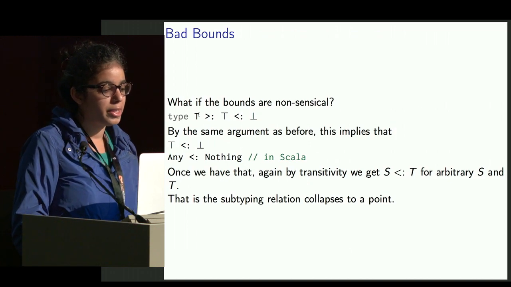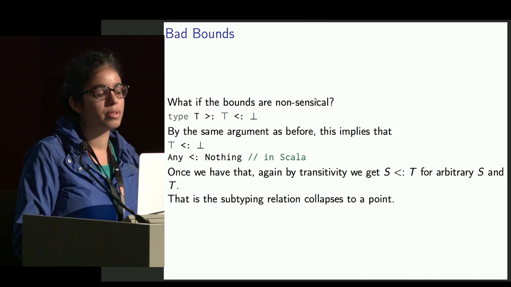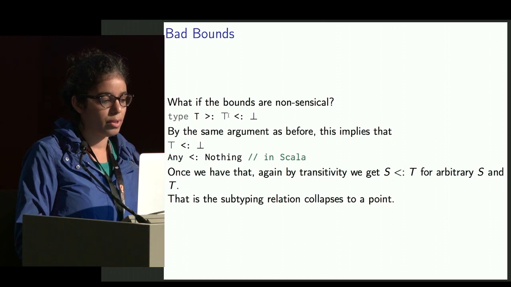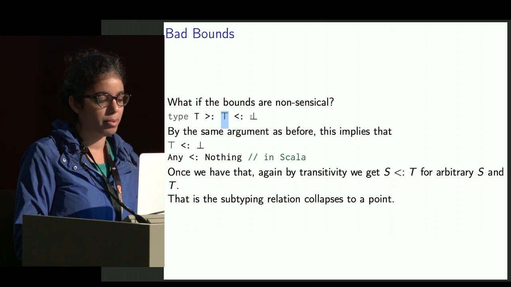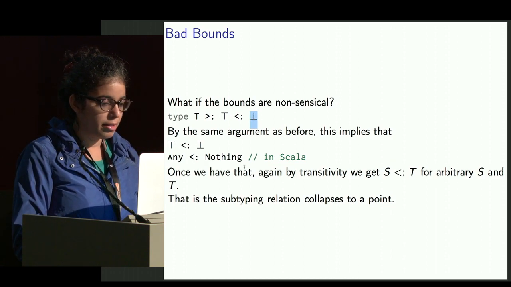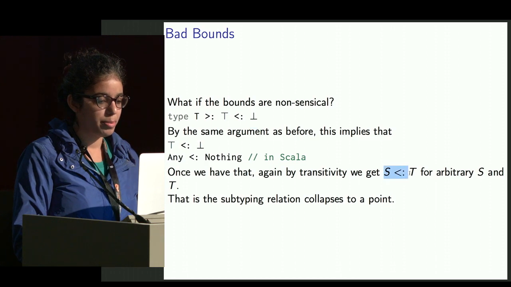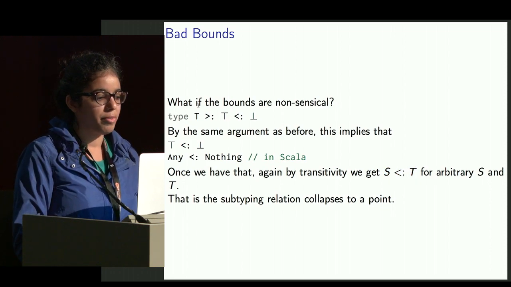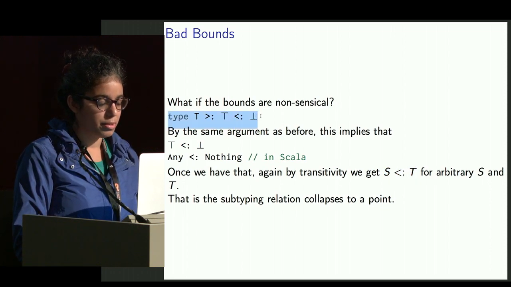In particular, what happens if the bounds are nonsensical? This is what happened in the example. We had the type T where the lower bound was top or any, and the upper bound was bottom or nothing. That means we can collapse from an arbitrary type S to an arbitrary type T. So we have to be really careful about these bad bounds.